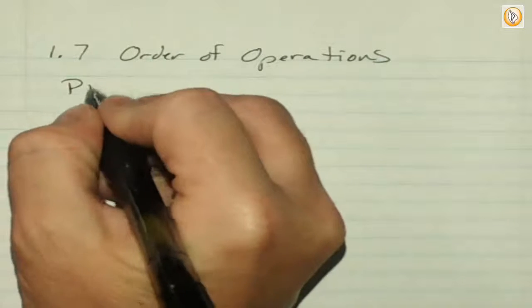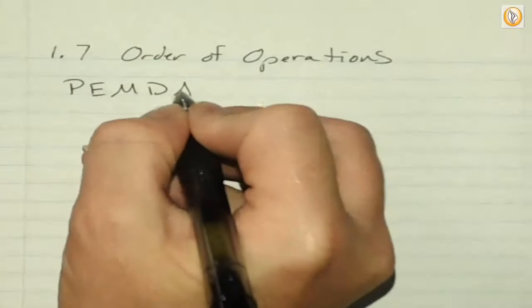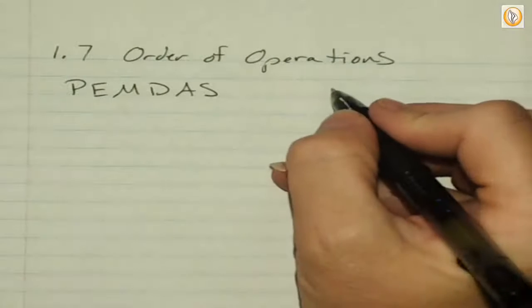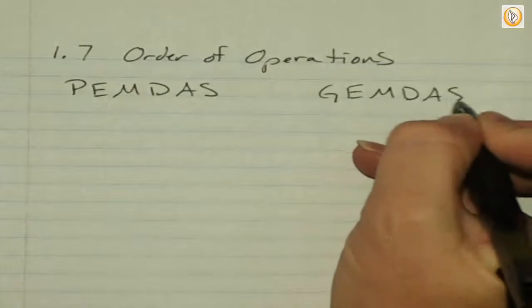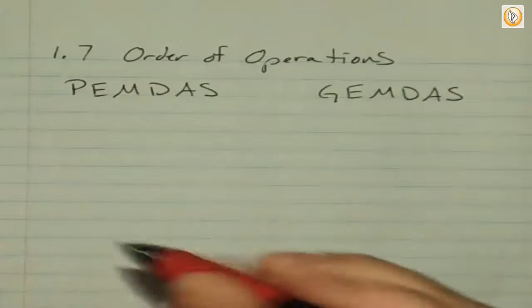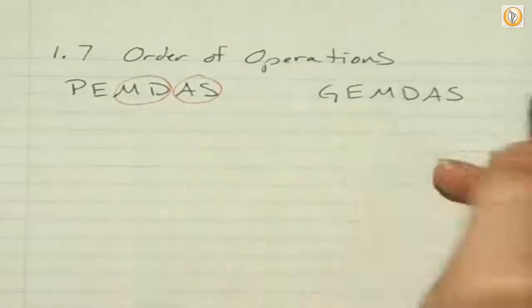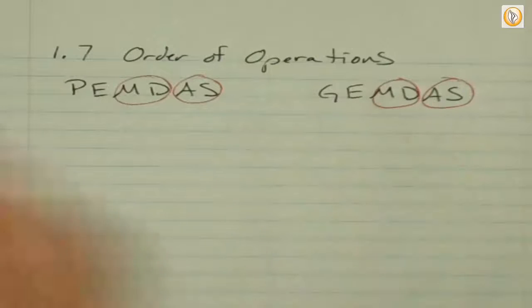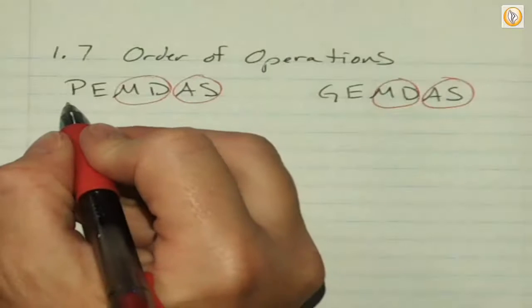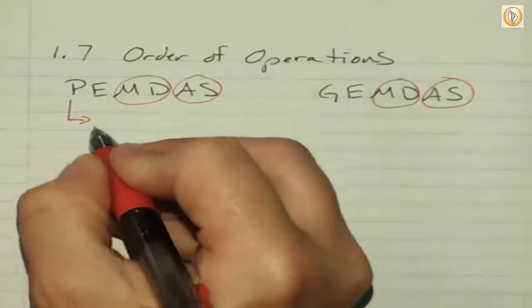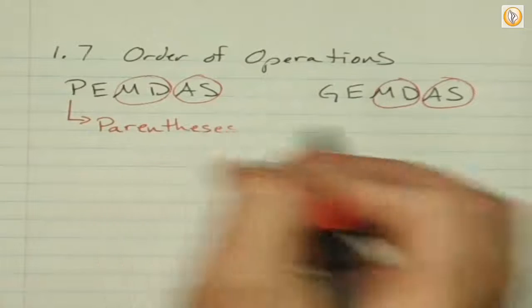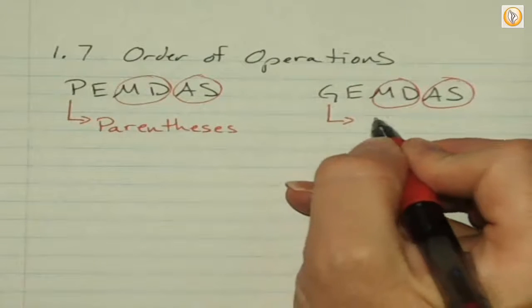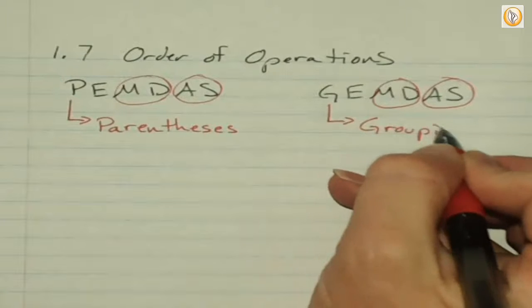Okay, so it's PEMDAS, or now they've changed it to GEMDAS. It is basically the same thing, but you've got your multiplication, division, and adding and subtracting. The only thing that's different is right here. The P is for parentheses, and the G is for grouping. It makes more sense.